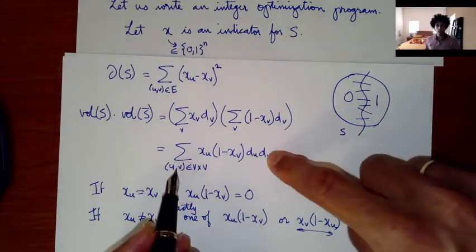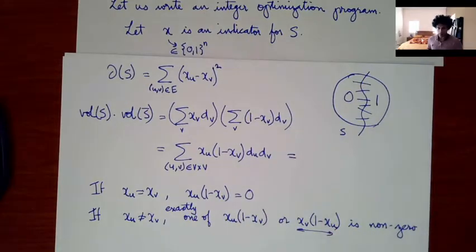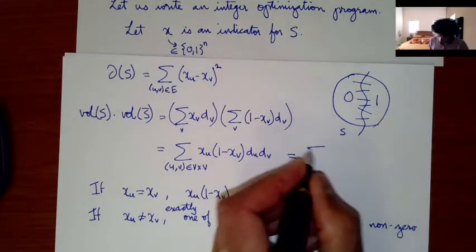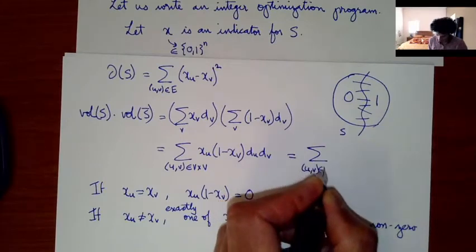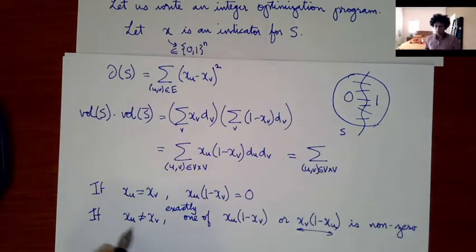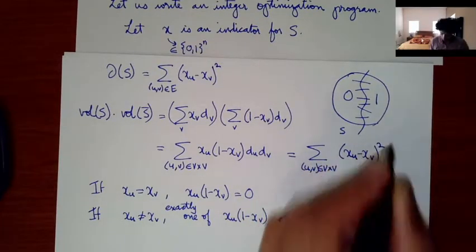So if you look at this term over here, I can rewrite it as the sum over all uv in V cross V, and again I can encode equality by taking the square.